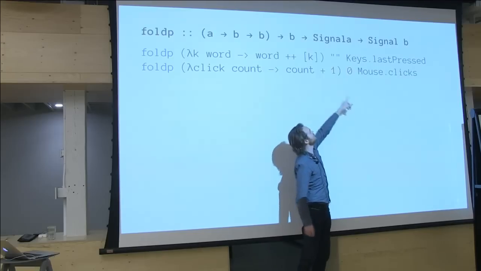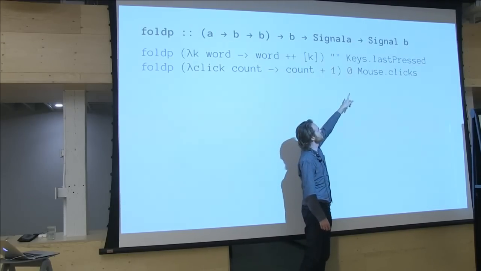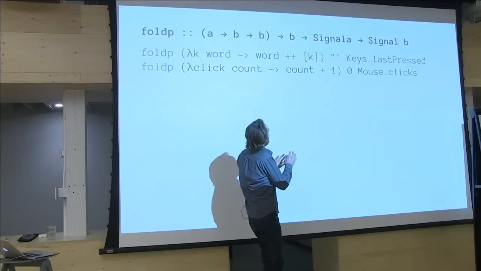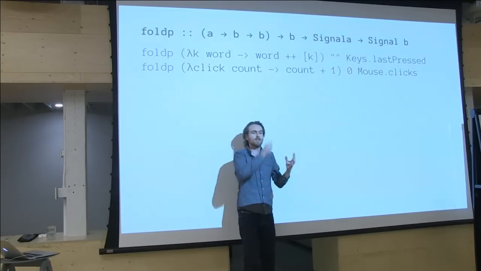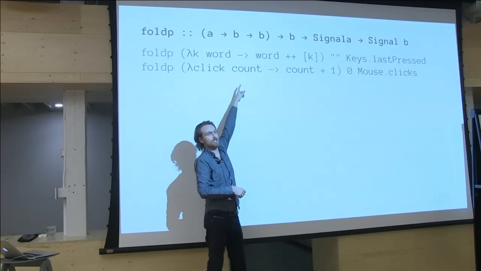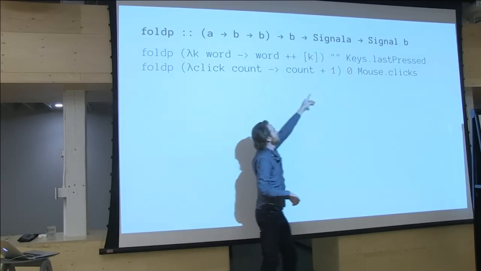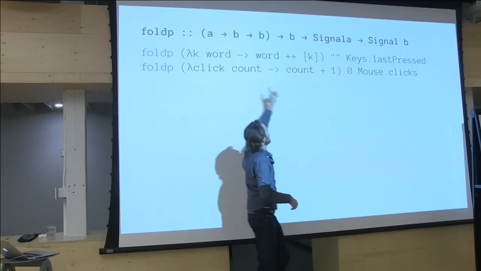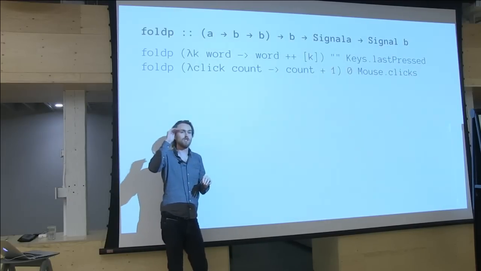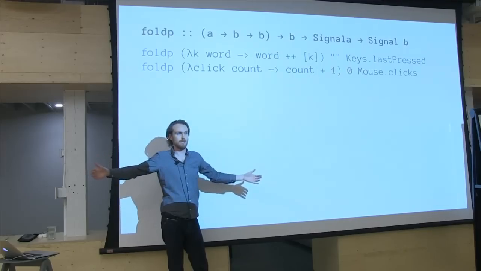And then the signal of the A type is Keys.lastPressed, so that ends up being a signal of characters. Every time a new character comes in from the keyboard, it runs through this function, which gets the character and whatever the accumulator value is, and returns the new accumulator value. So this is going to be a signal where each new value is a new string with the last character appended.